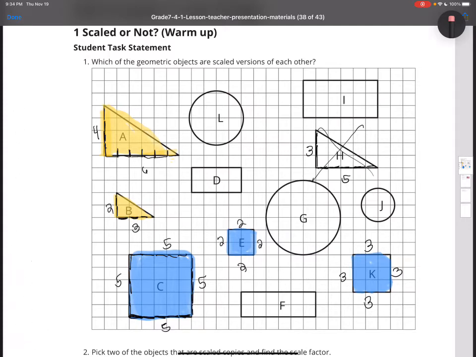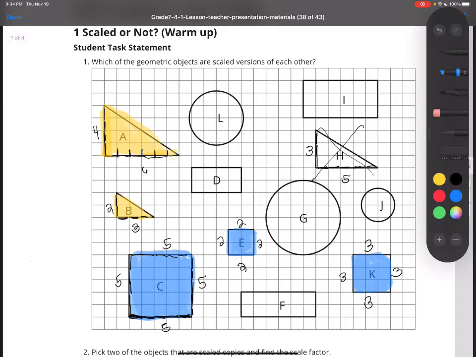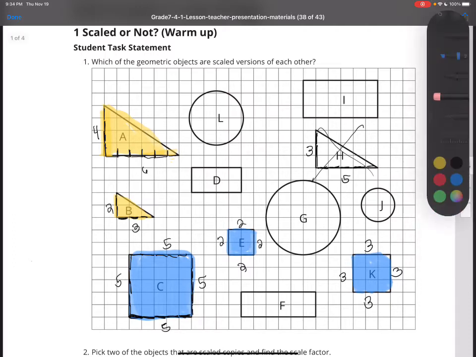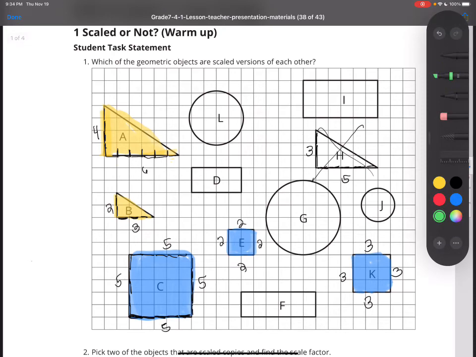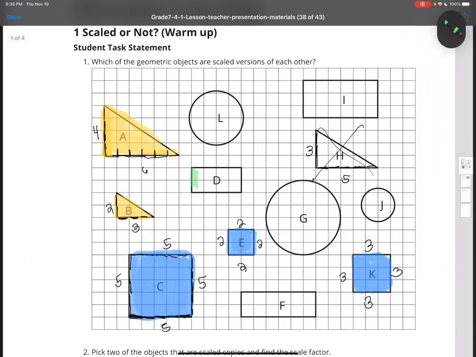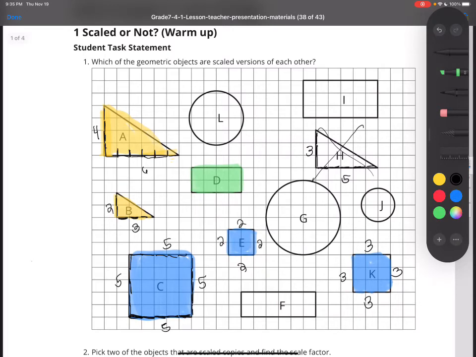All right. So now let's look at the next shape, which is D. I'm just going in alphabetical order. And for D, it looks like it's a rectangle. I'll be highlighting in green for D. Okay, so for D, let's take its dimensions.